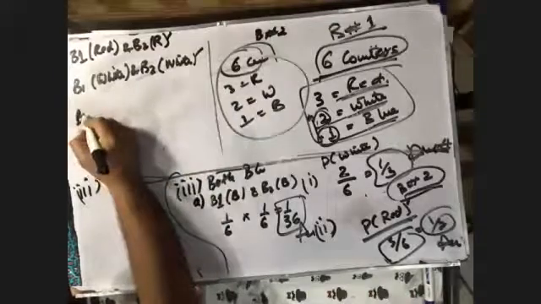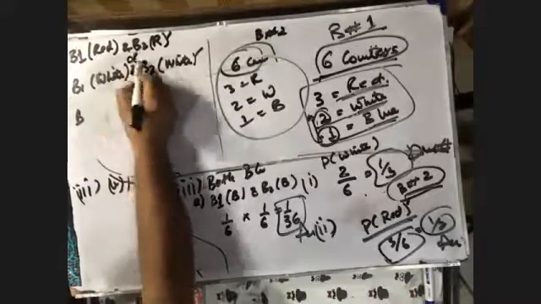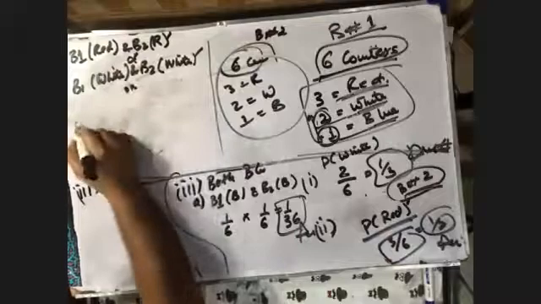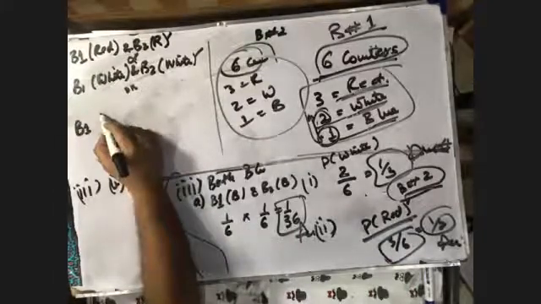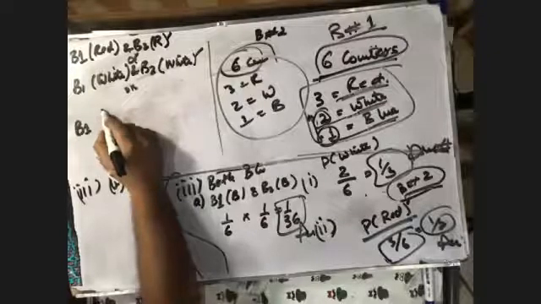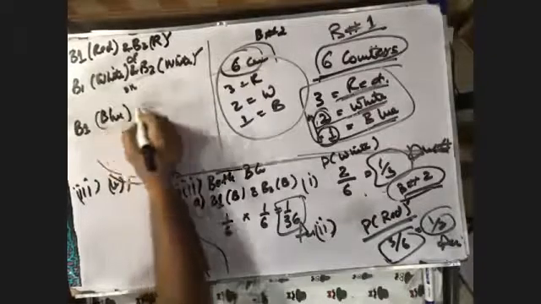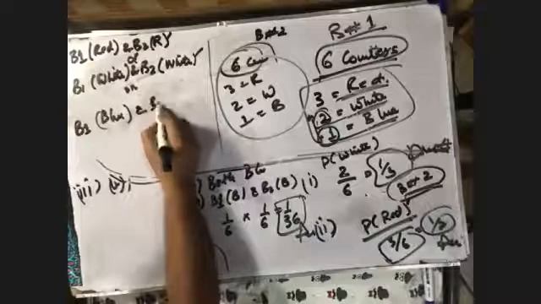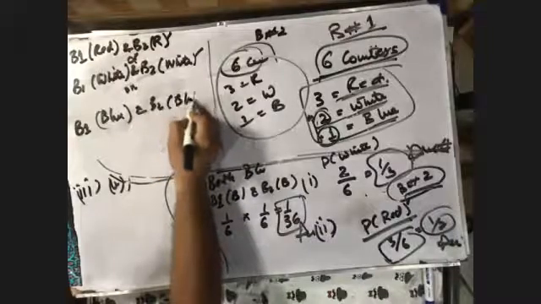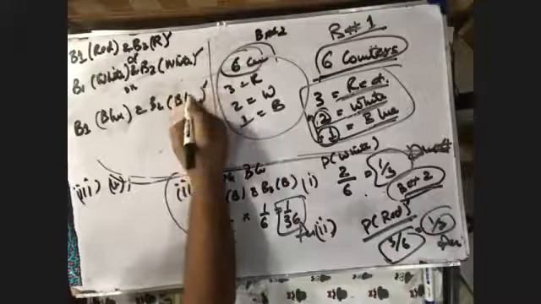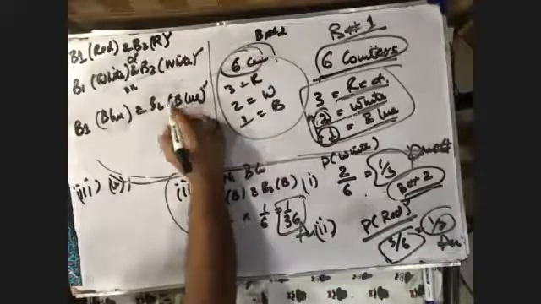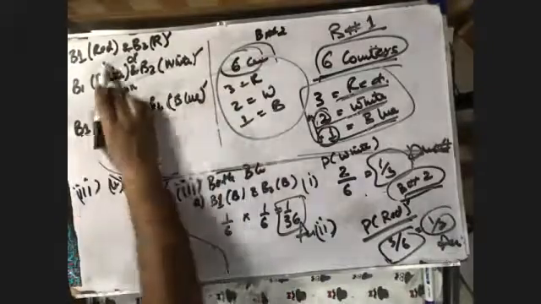Or bag 1 blue and bag 2 not blue. Not blue. Mubeen forgot the spelling of blue. B-L-U-E. Not blue. What is the probability of red?